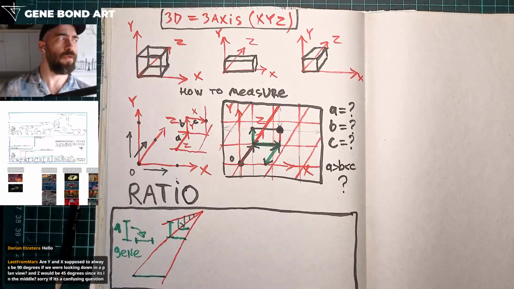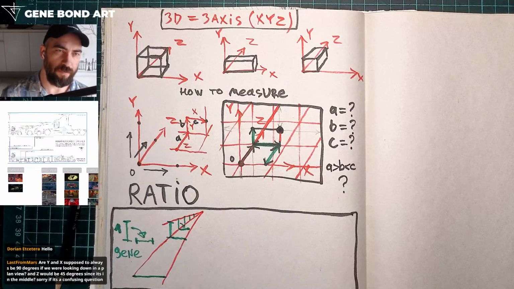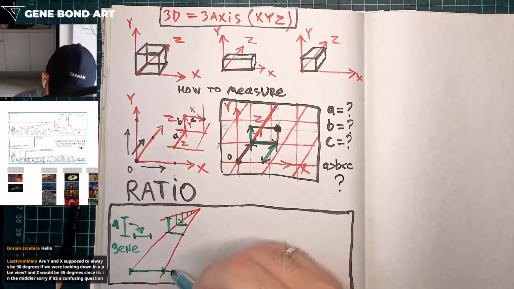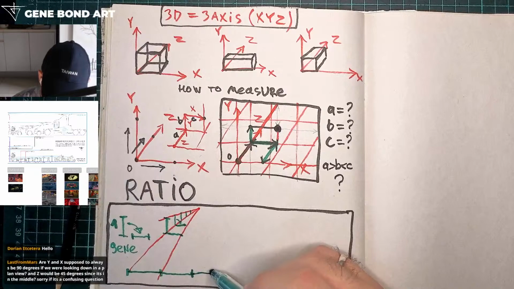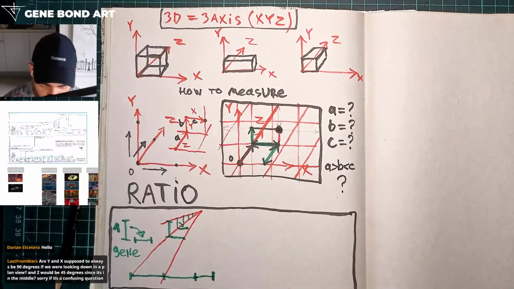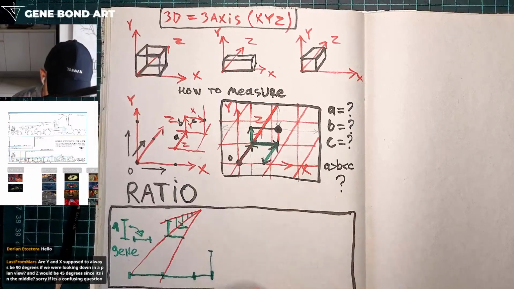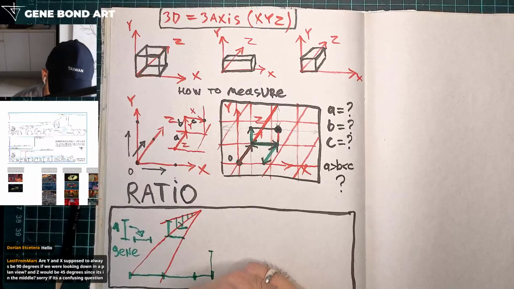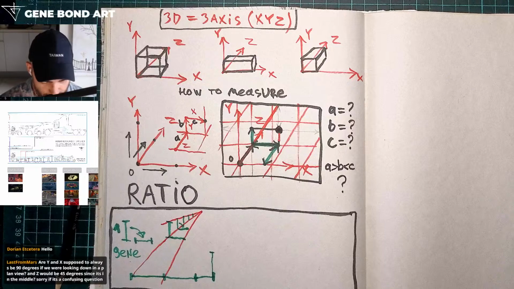So I can make a motorcycle with 2.5 genes. So here we have 1, 2.5, right? And the height of this motorcycle will be 1 gene. So we have a ratio of 1 and 2.5, right?